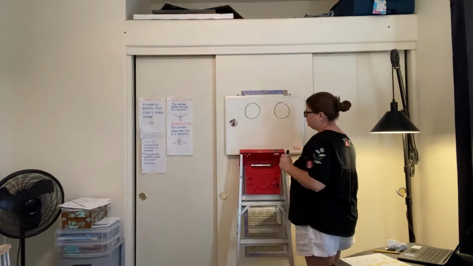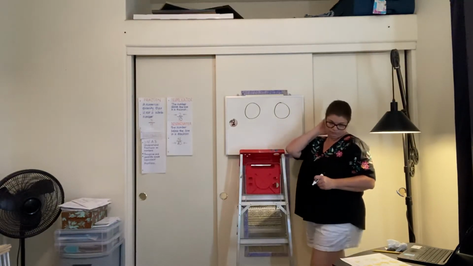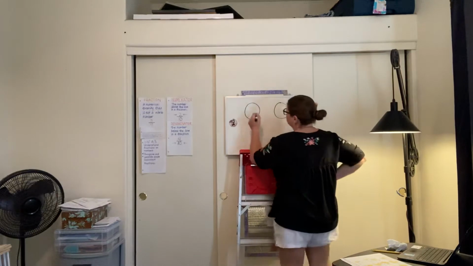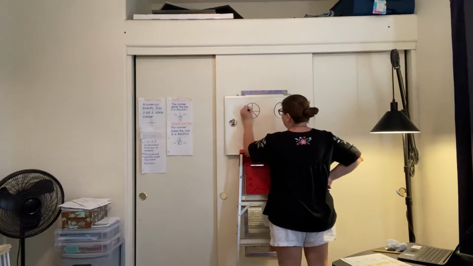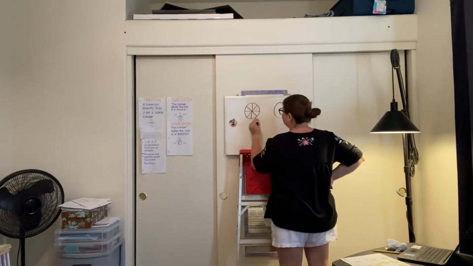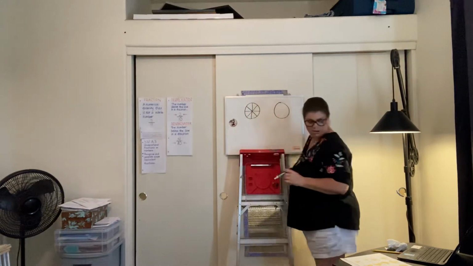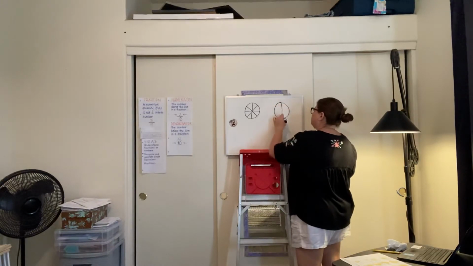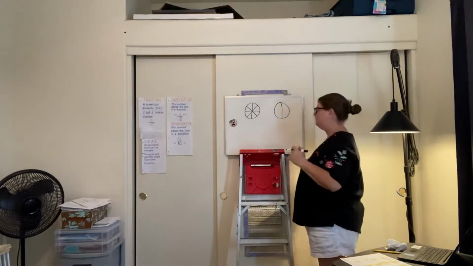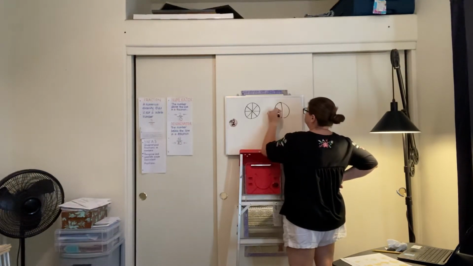Okay, the first circle is going to be split into 8 sections. Okay, so 1, 2, 3, 4, 5, 6, 7, 8. And our second circle is simply going to be split in half. Okay, I'm going to shade our circles accordingly here.